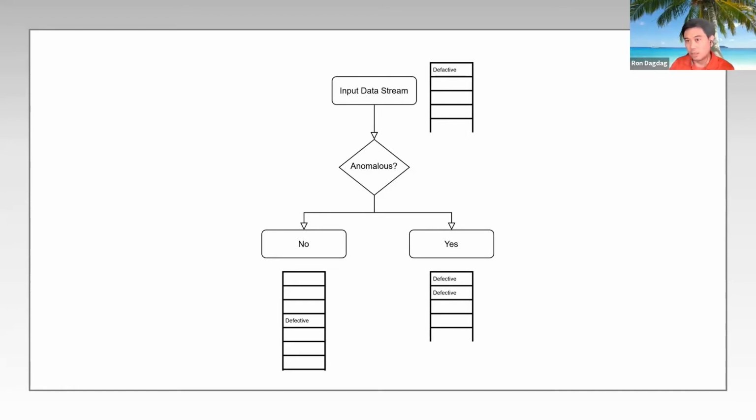Those black boxes, your white space there, mean it's normal. And sometimes you'll catch defective, right? Your defective means it's anomalous. But there's two ways. Sometimes you won't detect them, sometimes you would, depending on the algorithm that you place in there.